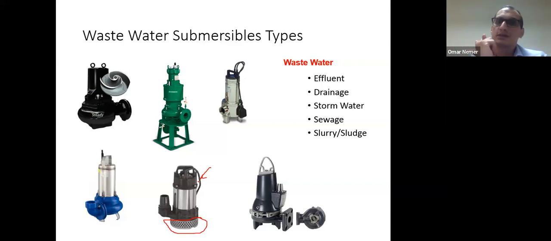There is a type of submersible pump for wastewater for drainage. Now, frankly speaking, this is the term that causes the most confusion, because many manufacturers, once they say drainage, don't mean the sewage. They mean the water that comes from the sinks, lavatories, bathtubs, and so on.